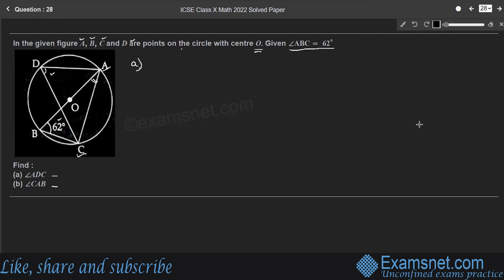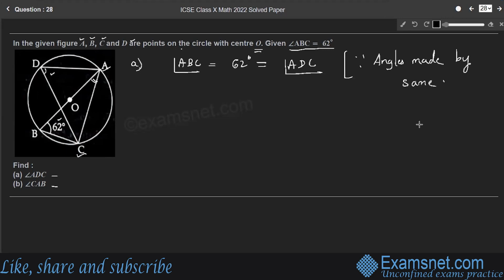So angle ABC is equal to 62 degrees, which is also equal to angle ADC, because angles made by the same arc AC are equal. Therefore, angle ADC is 62 degrees.